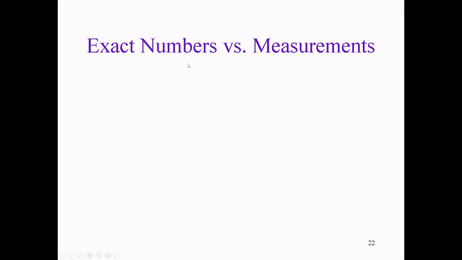This is really where the math that you're going to see in a science class like chemistry is going to diverge from a pure mathematics class that you've seen before. In pure mathematics, we typically make the assumption that all numbers are exact numbers. They're known with absolute certainty, and they're also dimensionless. They don't have any units associated with them.